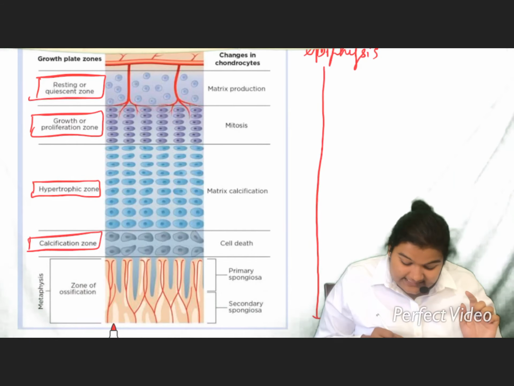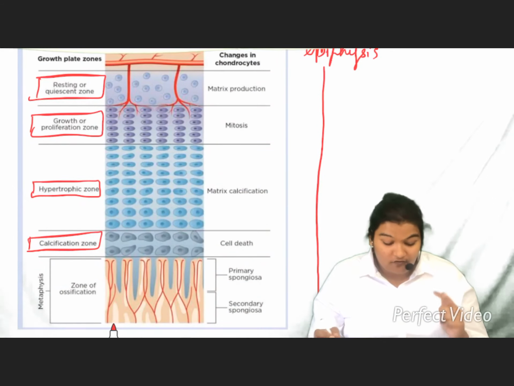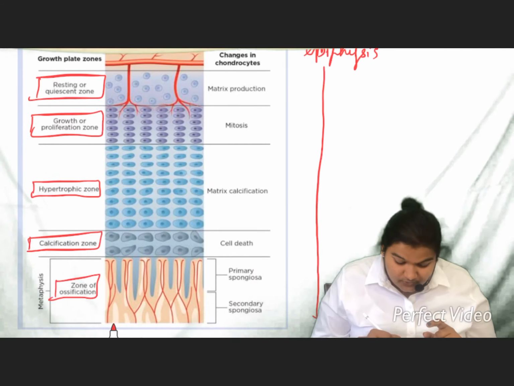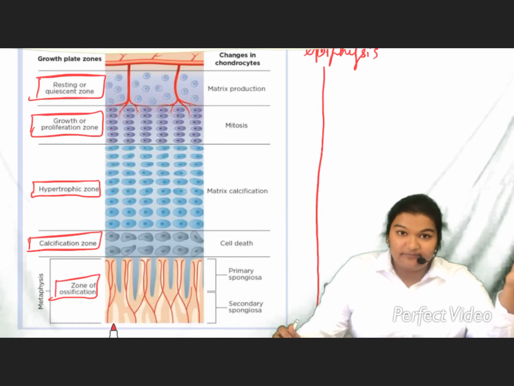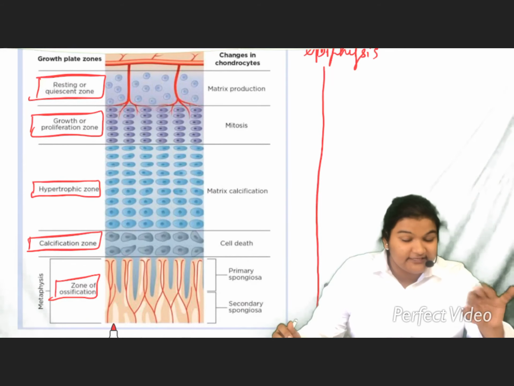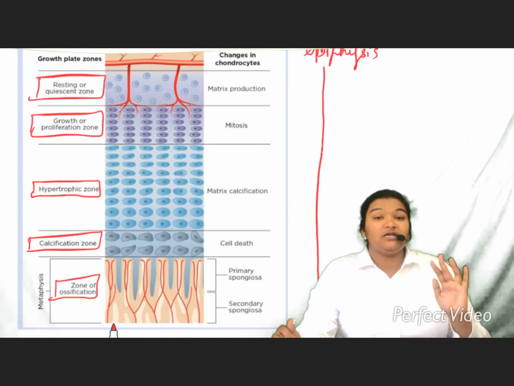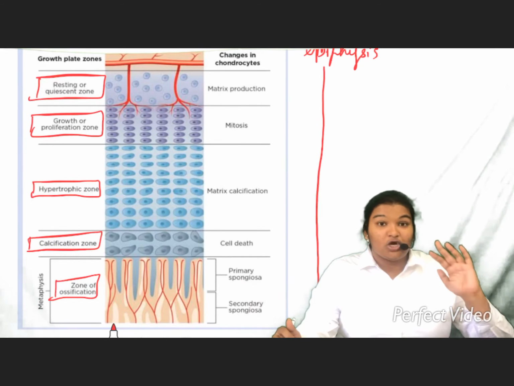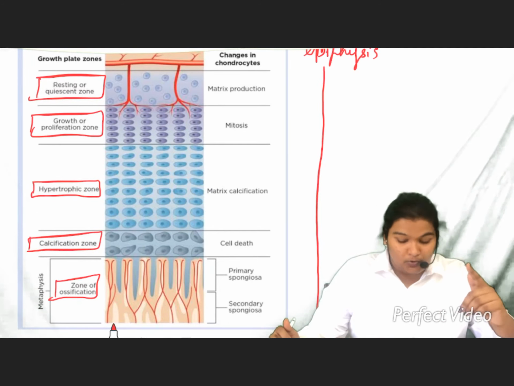Hence, we have the calcification zone. And then there is the zone of ossification. So resting zone, proliferating zone, hypertrophic zone, zone of calcification, and zone of ossification. Right? So these are all the layers of the growth plate, and these layers are responsible for the growth.